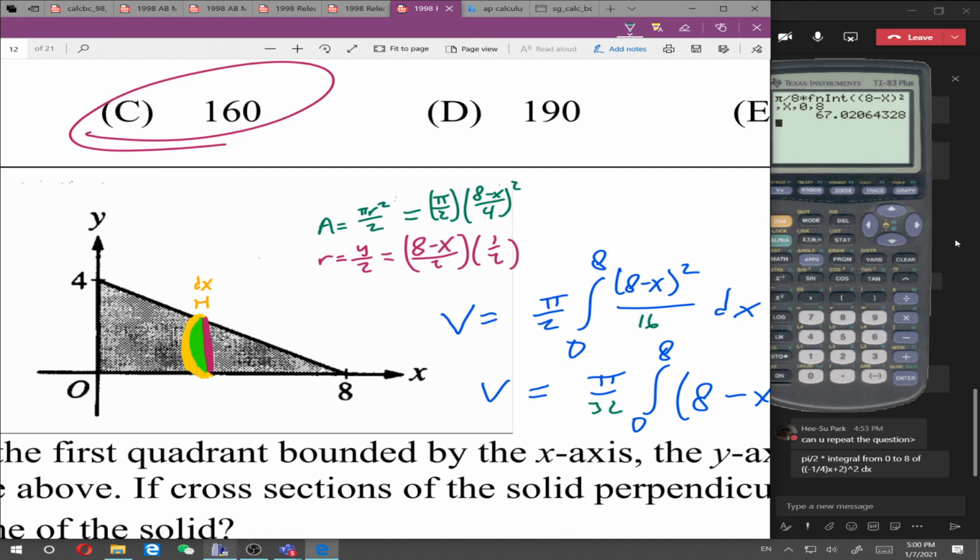If I divide this by 16... I'm just going to reintegrate.